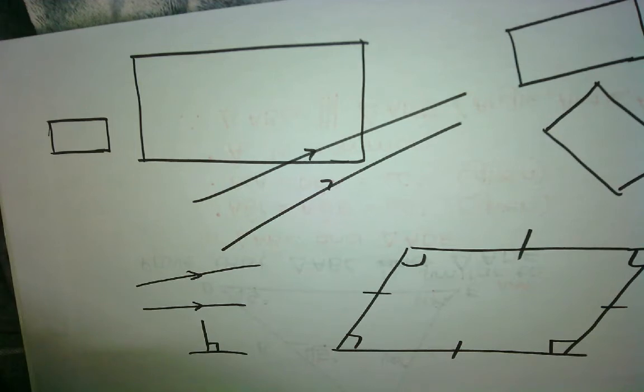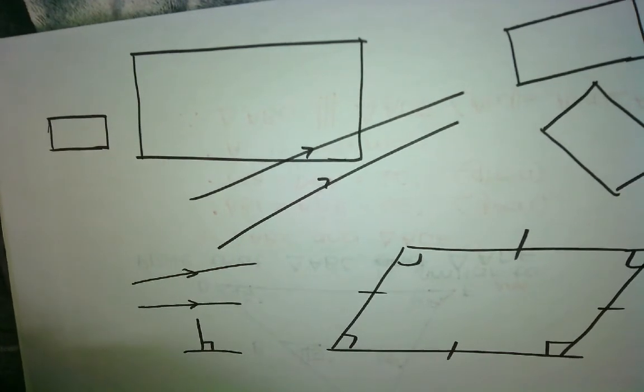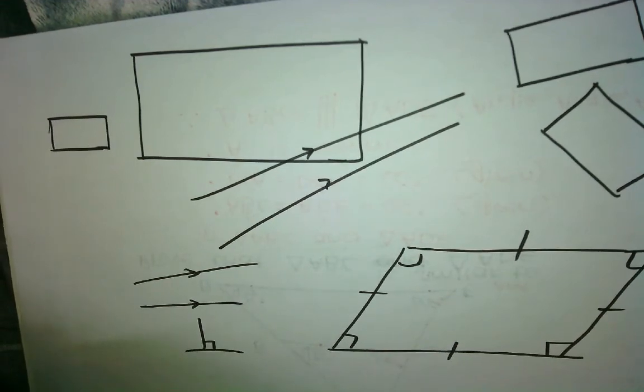A 4-sided shape, so that's a quadrilateral. This is a bit different. With both pairs of opposite sides parallel and equal in length. With no right angle. So it doesn't have a right angle, so it can't be a square, it can't be a rectangle. But it says opposite sides parallel and equal.